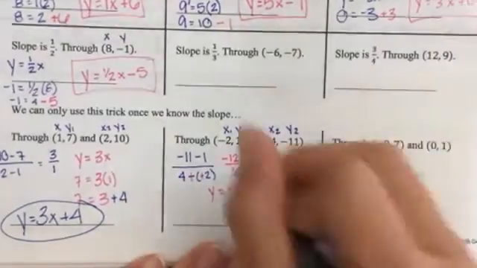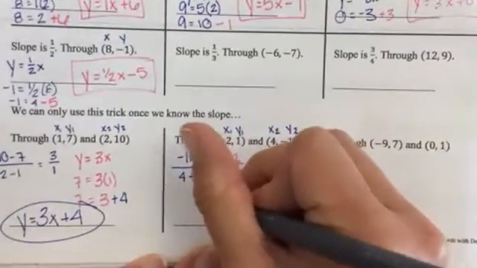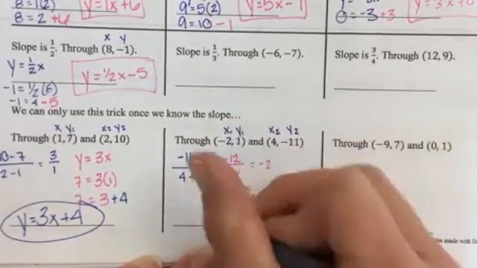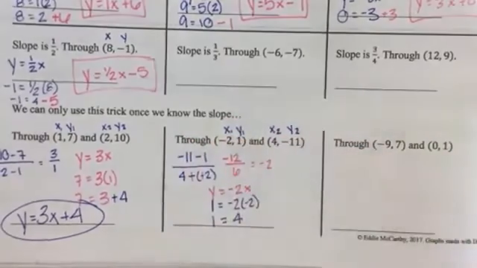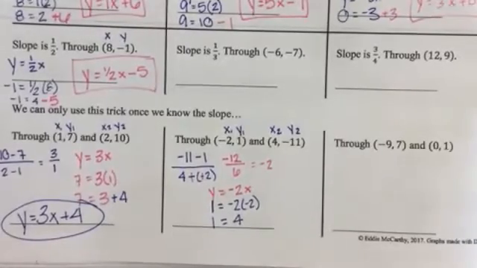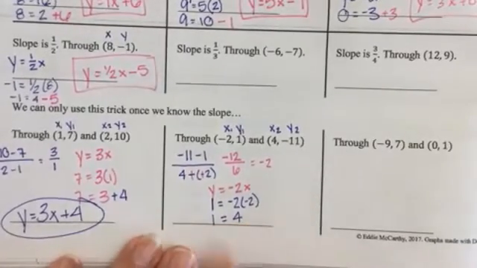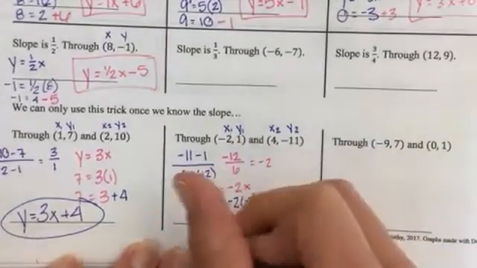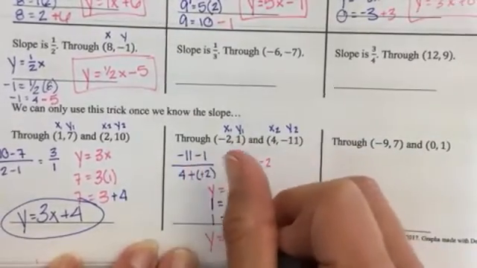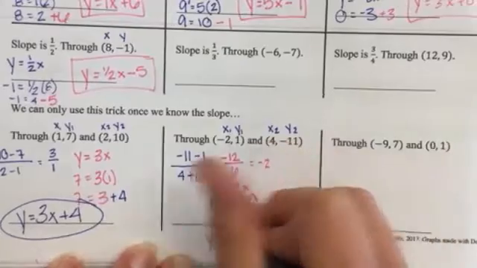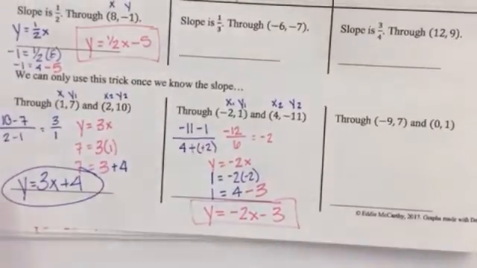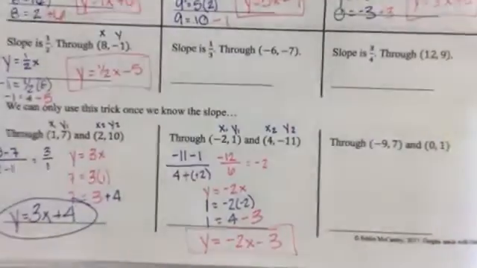Put these points in. My y is 1. My x is a negative 2. So I get y equals 4, or 1 equals 4. But how do I get the right side to equal 1? Minus 3. So your equation reads y equals negative 2x minus 3.